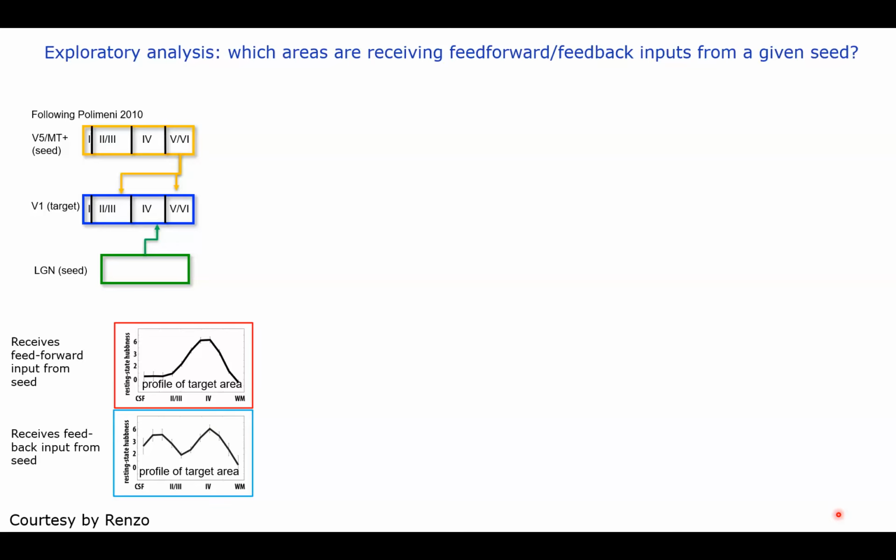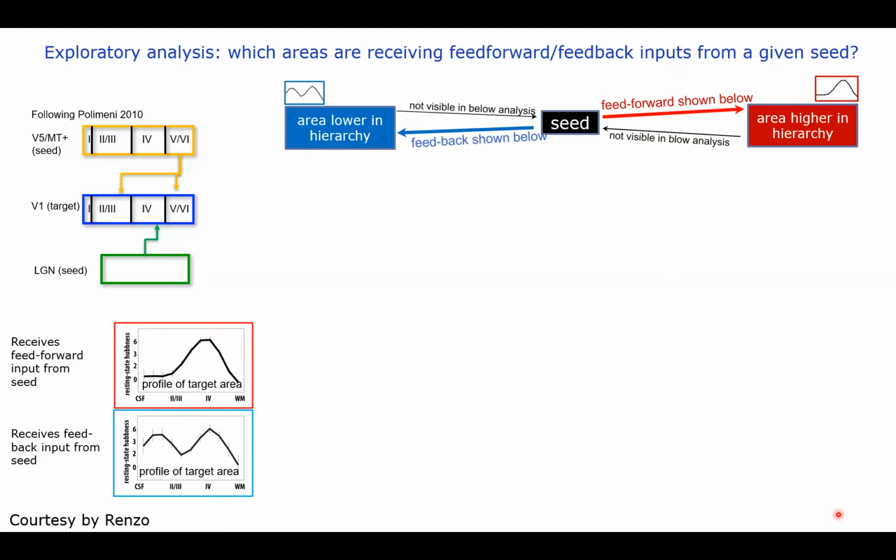So here is just an example going back to the visual data. With the canonical assumption of templates, feed-forward connections should peak in layer 4, and feedback inputs should come from more superficial and deeper layers. Then we can take a seed and explore this hierarchy of connections.